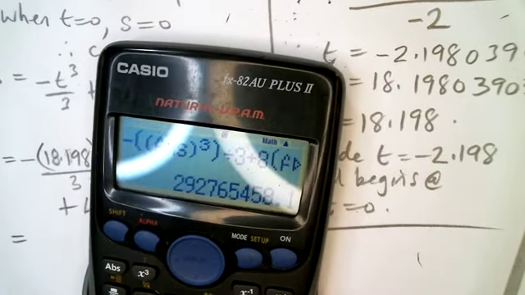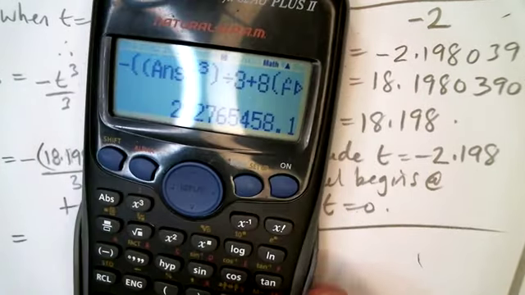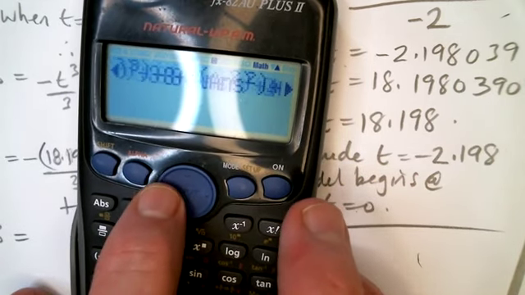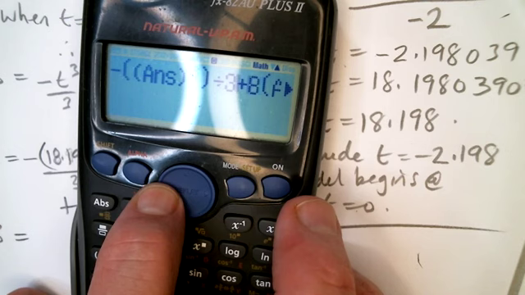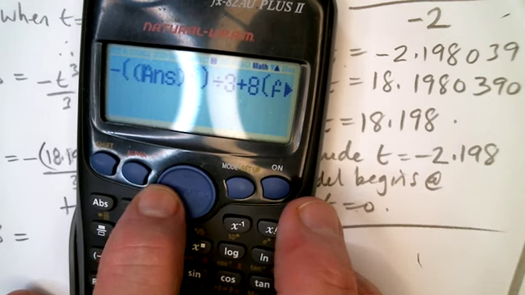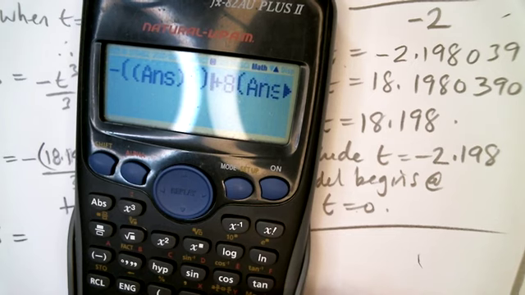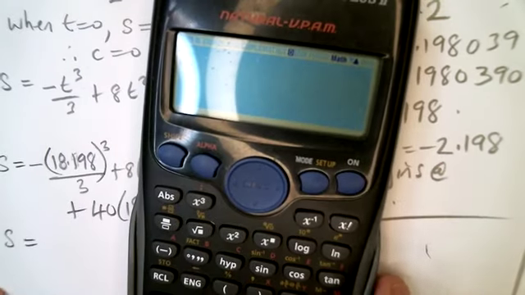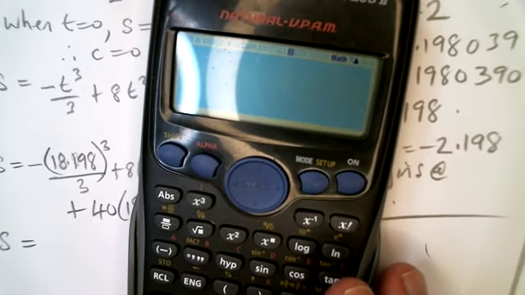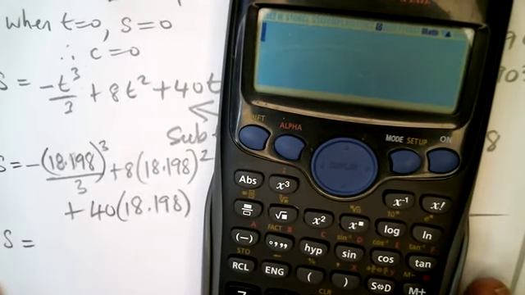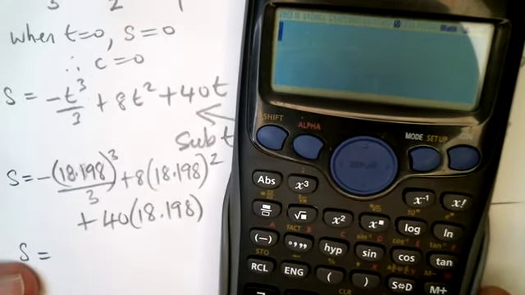That can't be right either. Okay, I'm going to get rid of that and do it in separate bits. Sorry about this, it's really annoying, but anyway, that's how you should do it. The fact that I'm not doing it like that and getting it wrong is just weird.